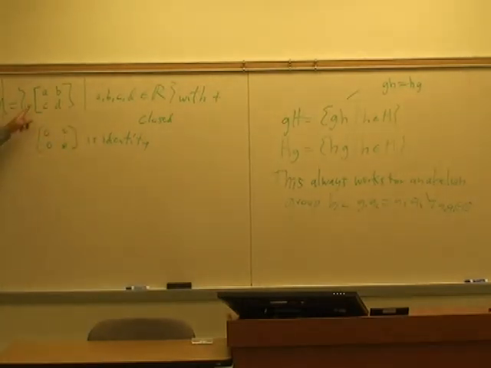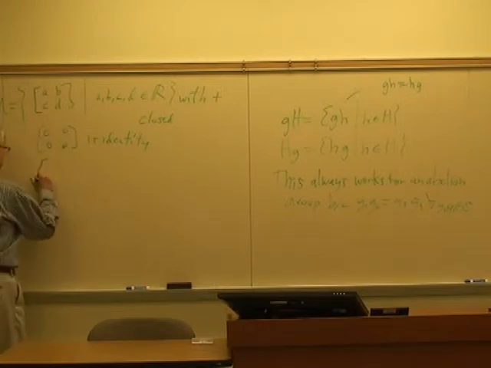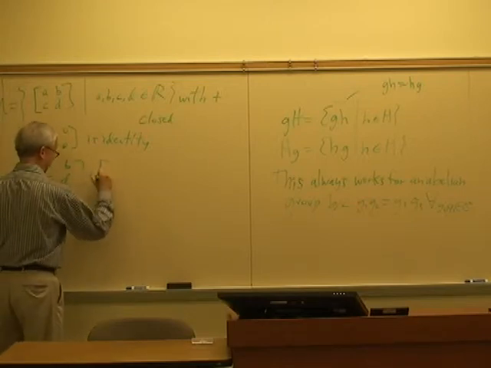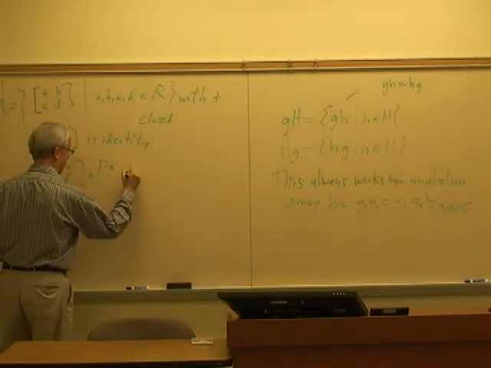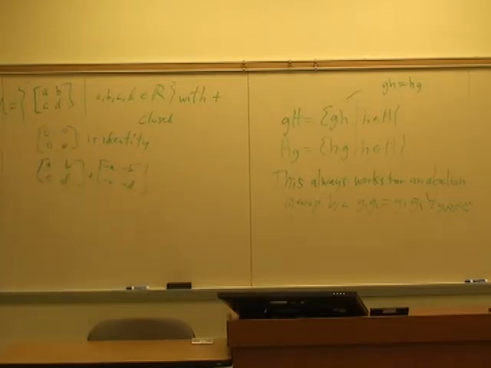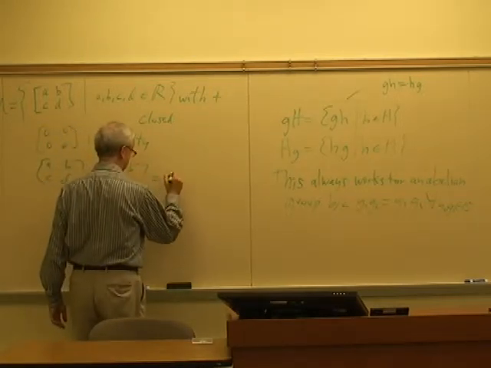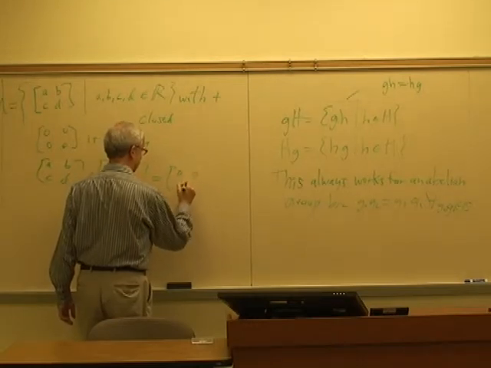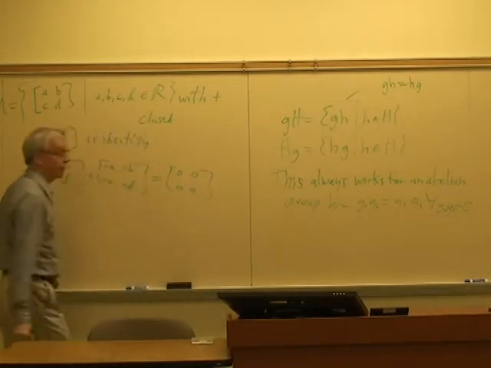What it amounts to is adding 2 real numbers in each position. So closure's easy. What's the additive inverse of this matrix? A, B, C, D plus negative A, negative B, negative C, negative D, where those are the additive inverses. That gives me my additive identity matrix.